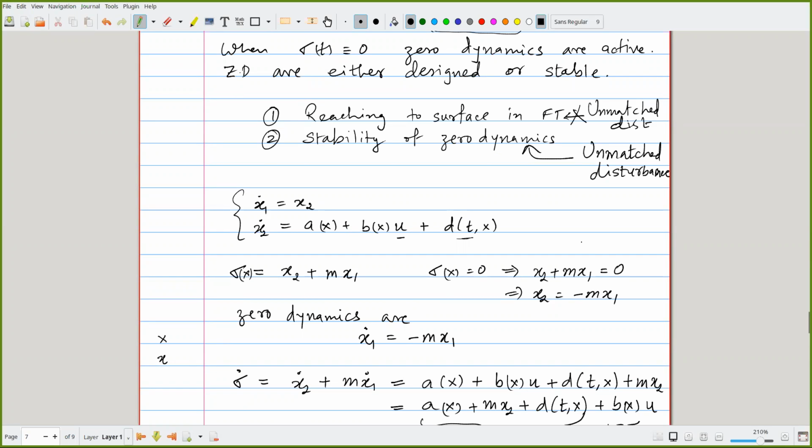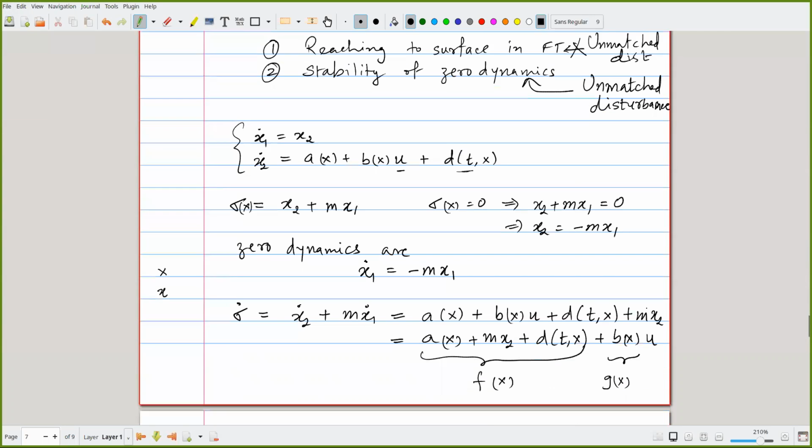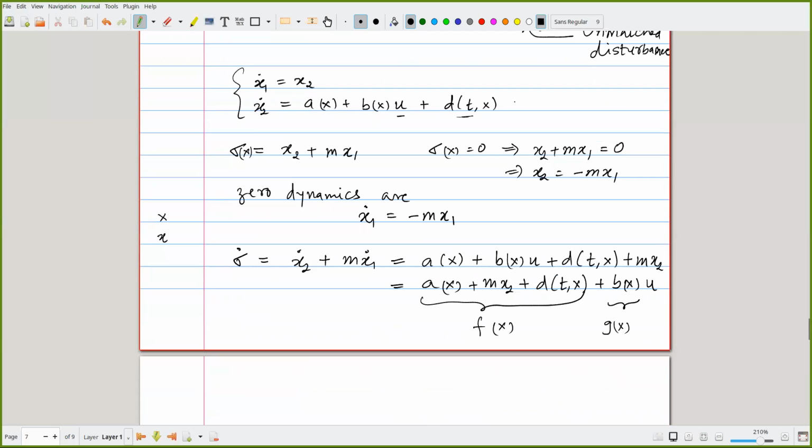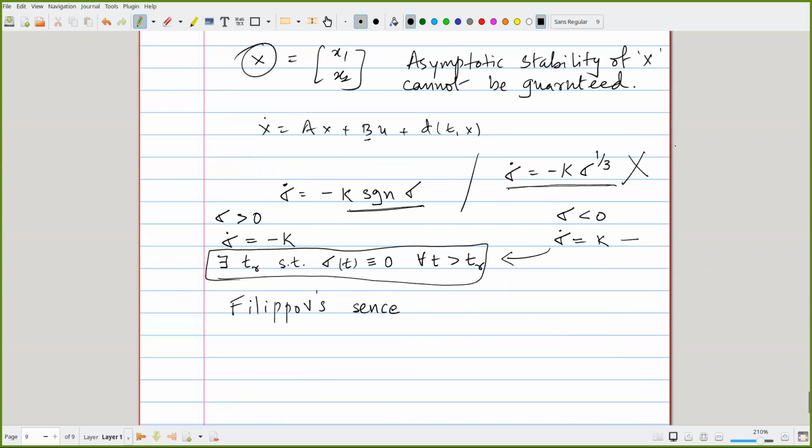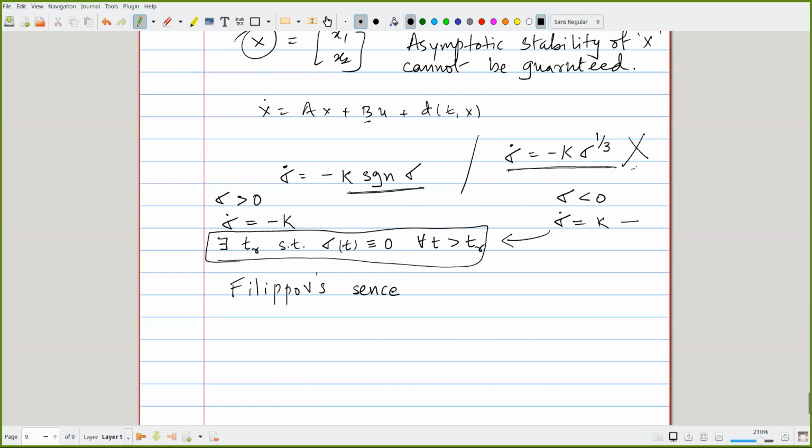That guarantees the robustness, because all disturbance acts through x2, right? But when you take this fractional order, ideally it will also drive sigma to zero, right? Once we have sigma equal to zero, the disturbance cannot enter the zero dynamics, right?